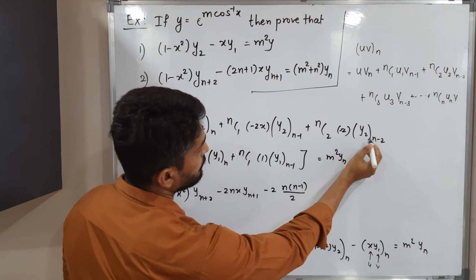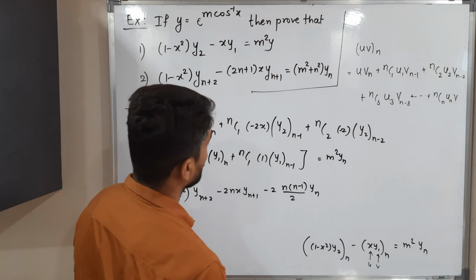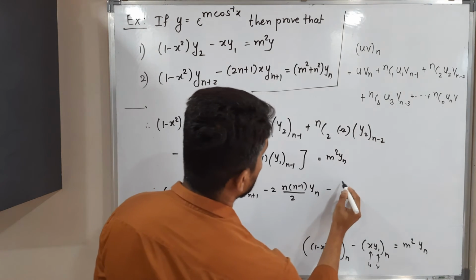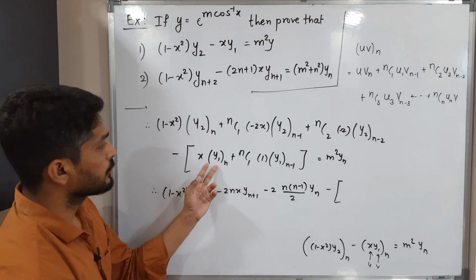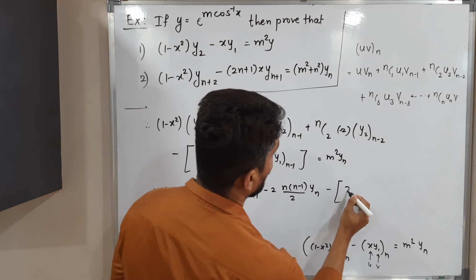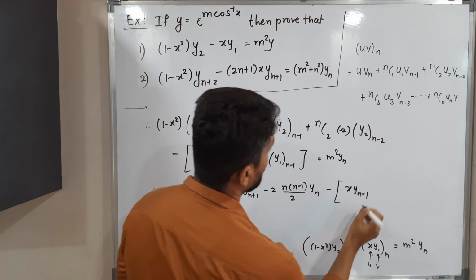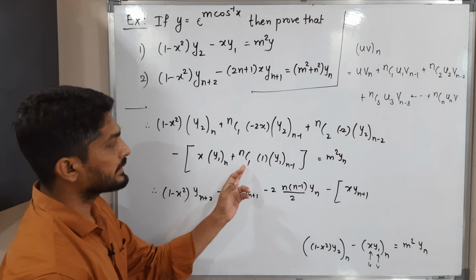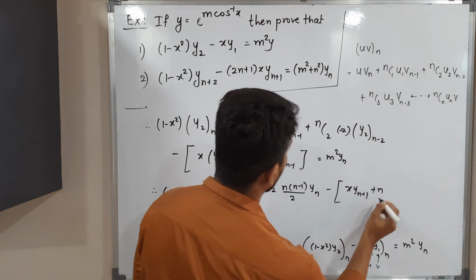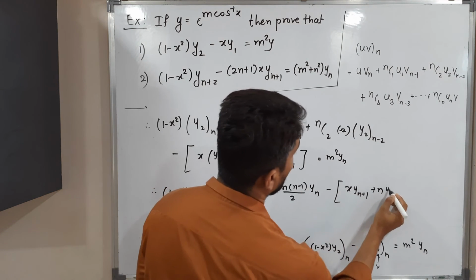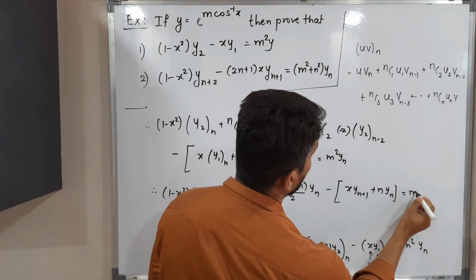Okay, and if you add you will have yn only, minus x y(n+1), nC1 is n, plus n, if you add you will have yn only, is equal to m square yn.